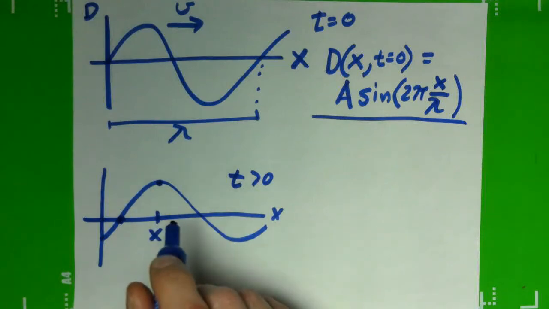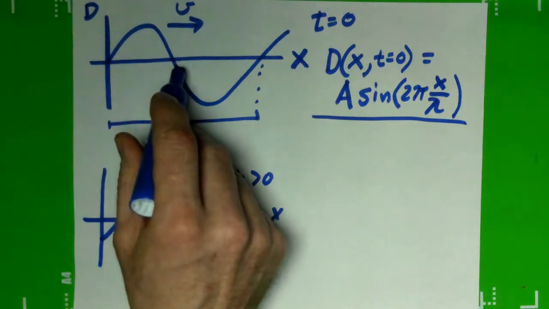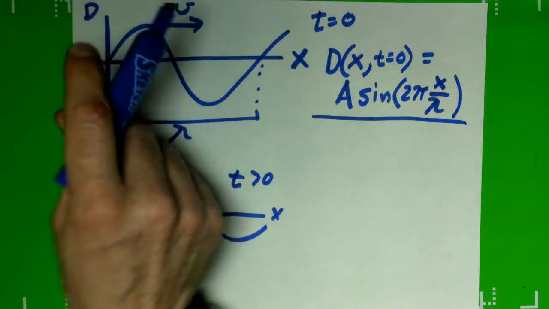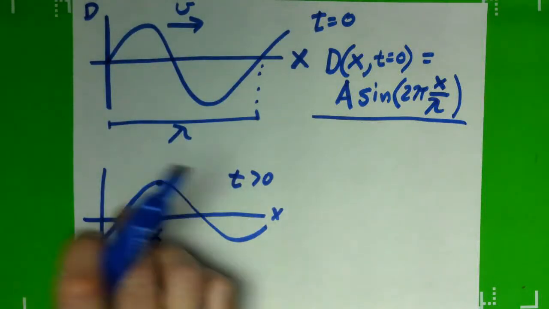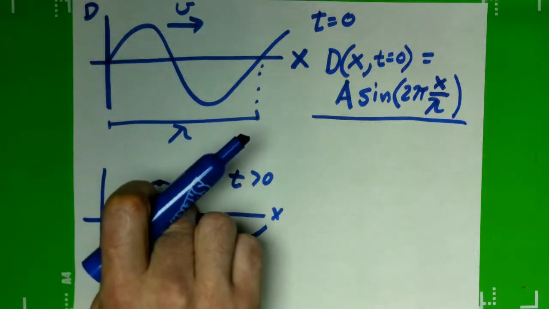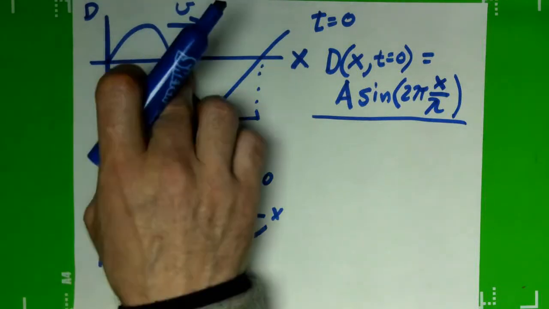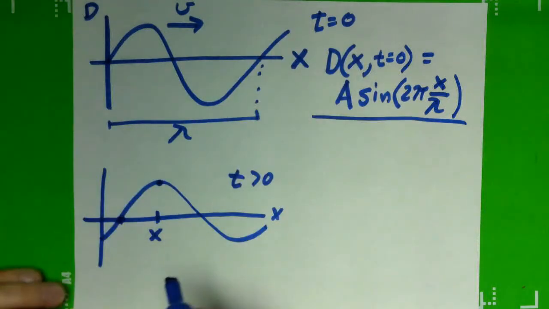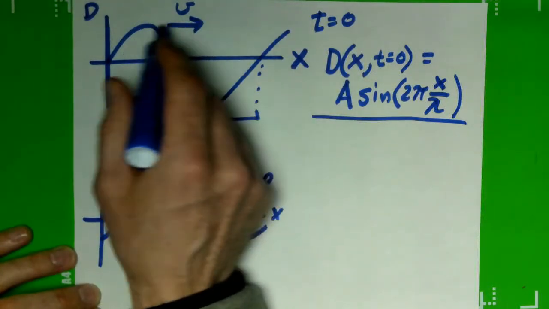Well, the clue is to recognize that this looks like that one when it was back here. So if I took that one and shifted it, then I get this one, and that's in fact what it's doing. The wave is shifting over. So I want to see how I can relate this one in terms of the x values to this one at t equals 0. If I think about it, this wave moved a certain distance.